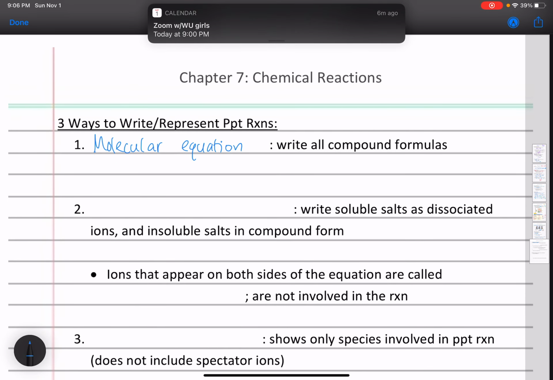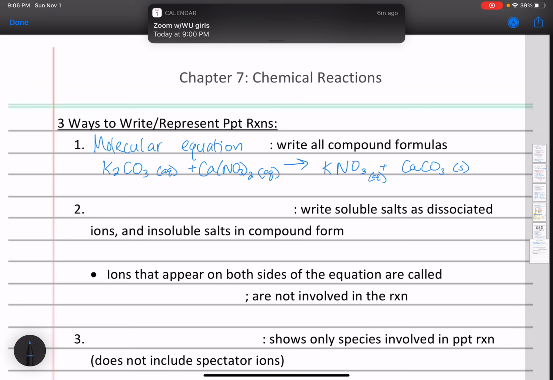So let's work with a new equation here. Potassium carbonate aqueous plus calcium nitrate aqueous reacts to form potassium nitrate, which is aqueous, and calcium carbonate, which is solid.